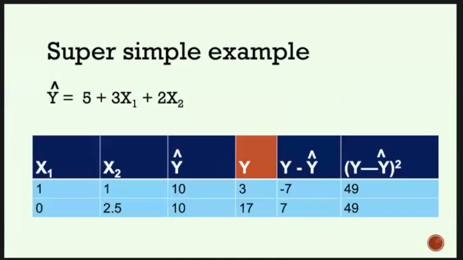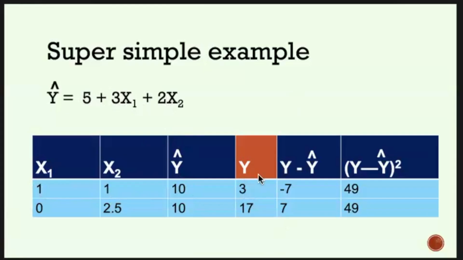Now, here's a super simple example. Let's say we have a predicted y, which is 5 plus 3 times x1 plus 2 times x2. So this would be your a, this would be your b1, this would be your b2. Our x1 for this person is 1, x2 is 1, and so our predicted y is 10. 5 plus 3 plus 2 is 10.